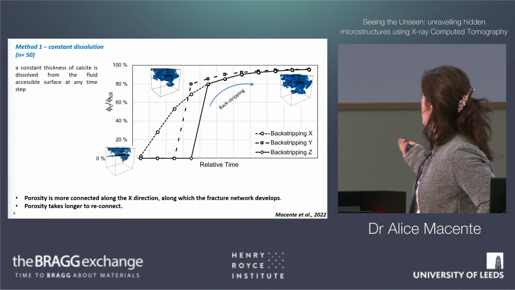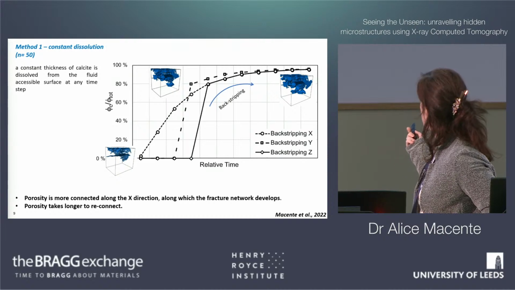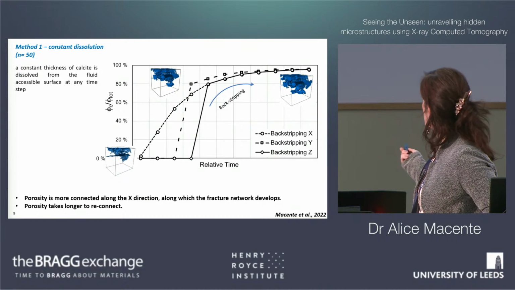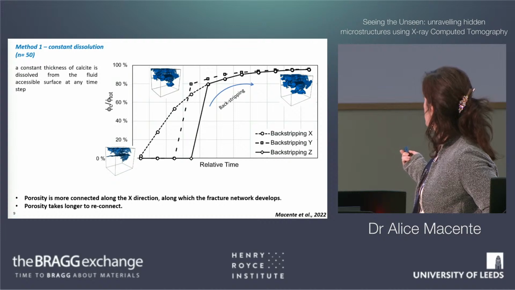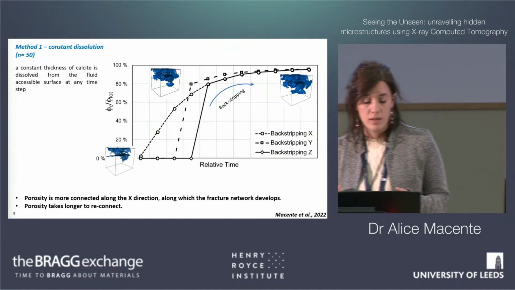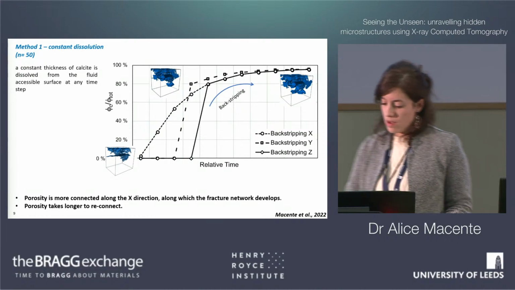But that's not the only thing that you can do. For example, along the x direction, which is these dashed lines, the porosity is more connected, whereas in the other two directions, they start at zero until we have enough void to reconnect the porosity. But I'll show you this in better detail.